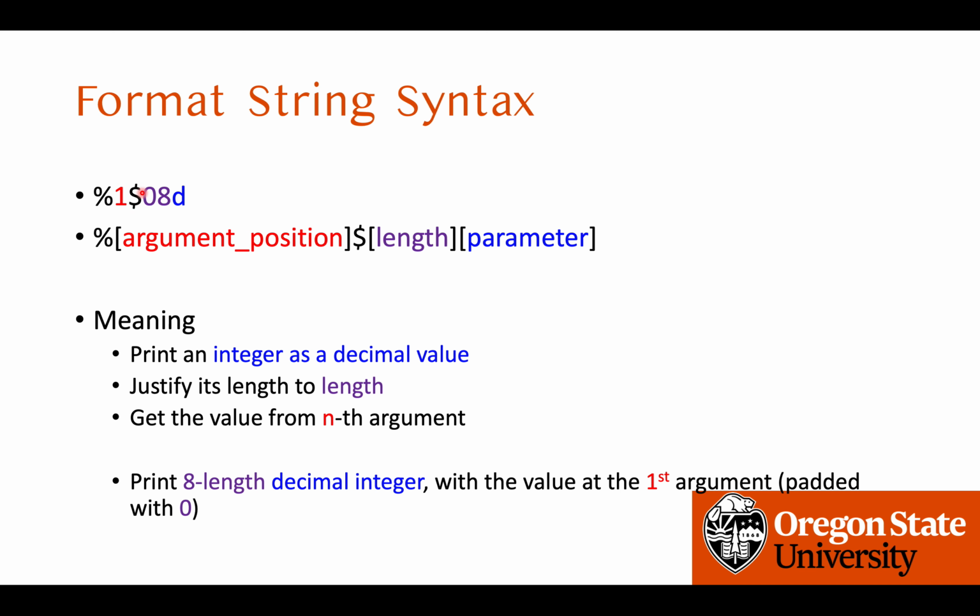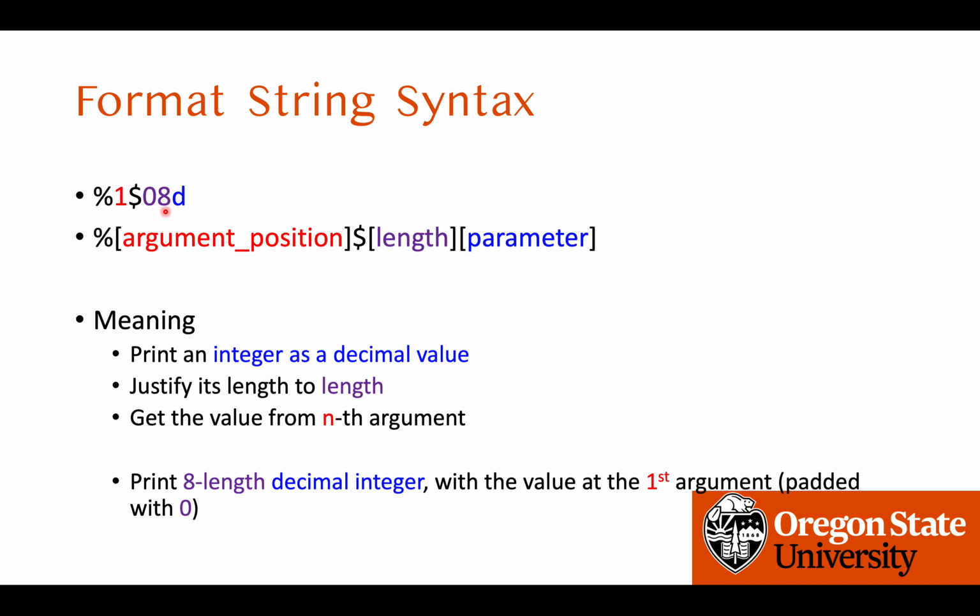And then after the $ sign, the numbers indicate the length of the output format. So 08 and d means a decimal integer, and 08 means that regardless of the data itself, for example, suppose the data value is 1, even though printing that value requires just 1 character, it will be padded to 8 characters. So it will always print out 8 characters.